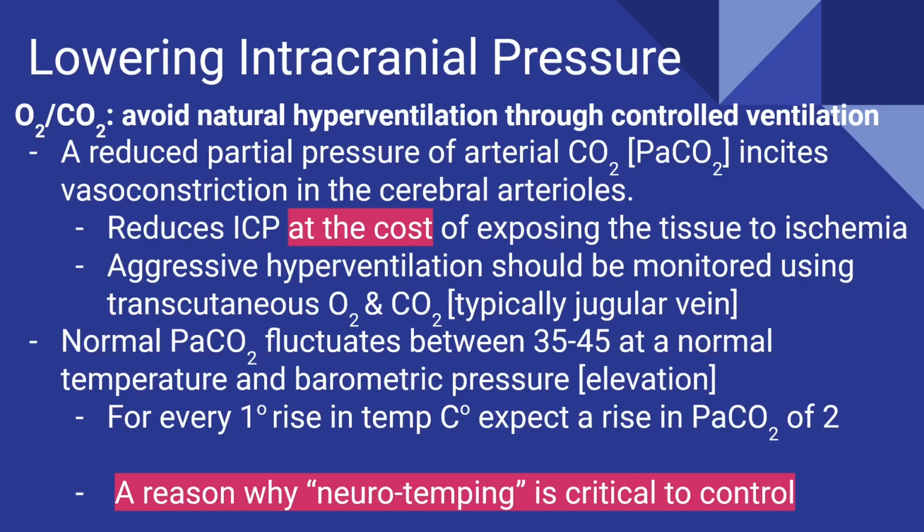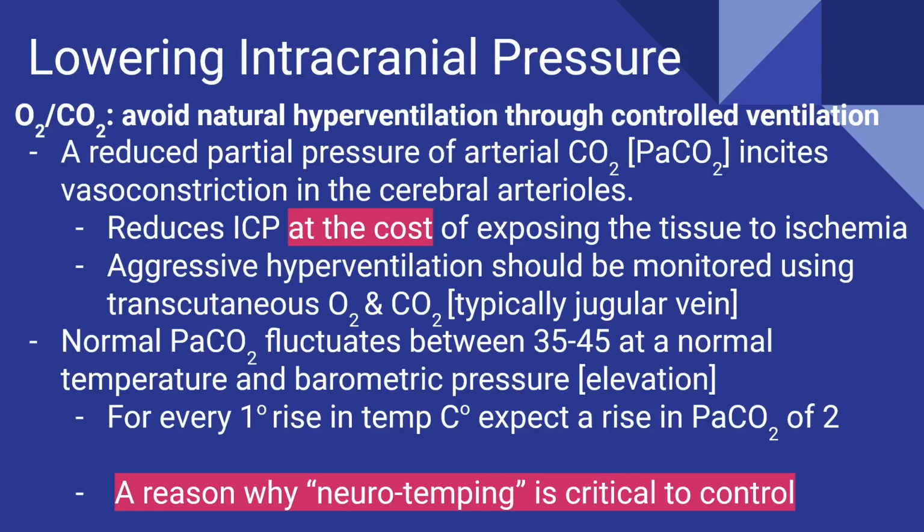So, a reduced partial pressure of arterial CO2. Once you watch the respiratory lecture, I'll talk more about partial pressure. A reduced CO2, which can occur easily through hyperventilation, right? You're blowing off CO2, which incites vasoconstriction in the cerebral arterioles.